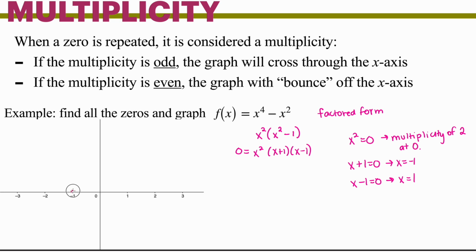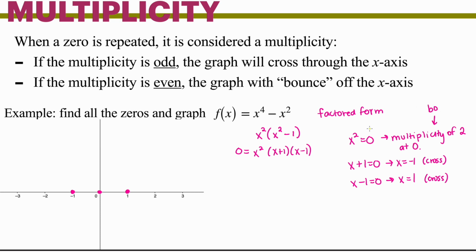So I know that it is going to cross. I can even say cross here because there's no even multiplicity, and I know it's going to cross here at 1. And then at 0, it is going to bounce because there's a multiplicity of 2.